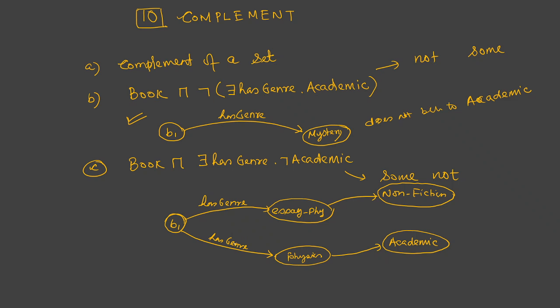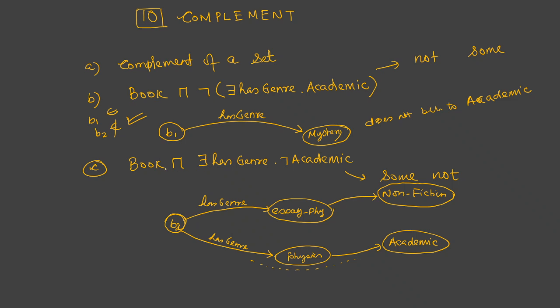But here we have one such case which belongs to academic. And that's why this B1 should not belong to this definition, right? So let us name it B2. So B1 will belong to this, but B2 will not belong to this. Now check the case here.